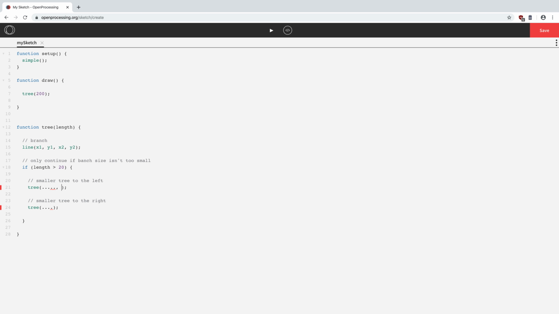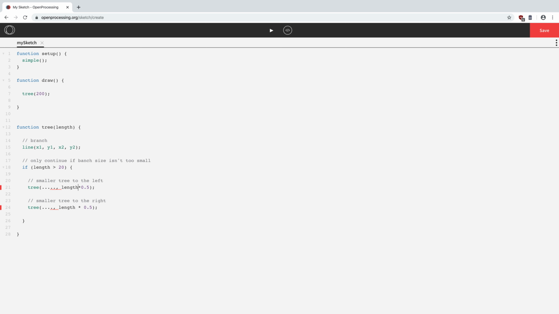Let's go for length times 0.5, so we half it. So each branch gets half at each level of the tree. So the first branch, which is the tree trunk, is 200, then 100, then 50. Length times 0.5.